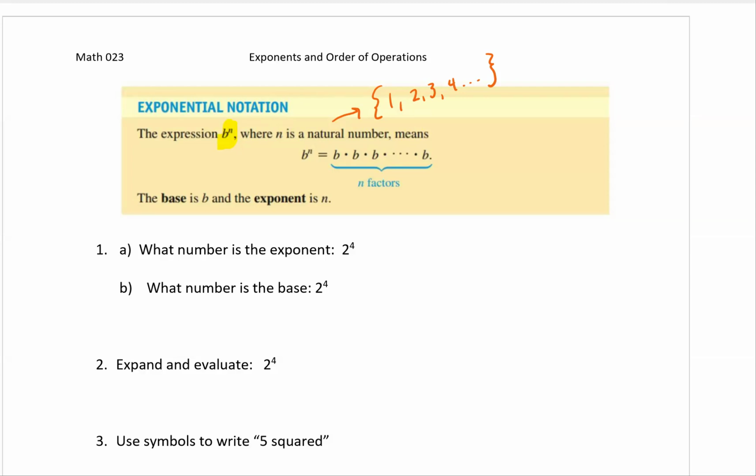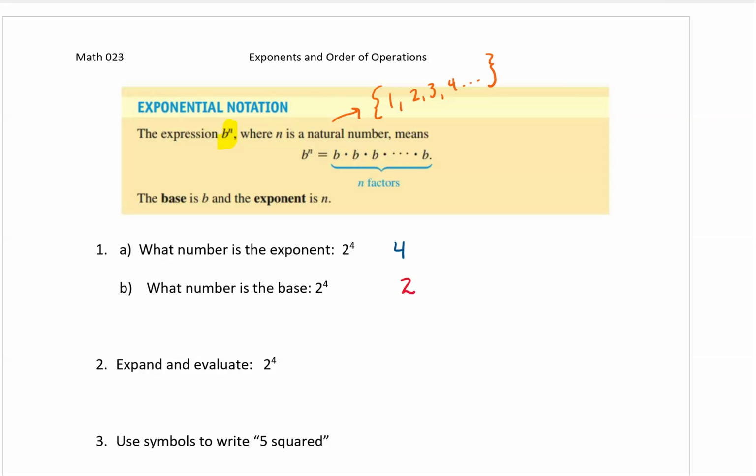Let's try some examples. Number 1: What number is the exponent of 2 to the 4th? The exponent is the digit 4. What number is the base in 2 to the 4th? The base is 2.